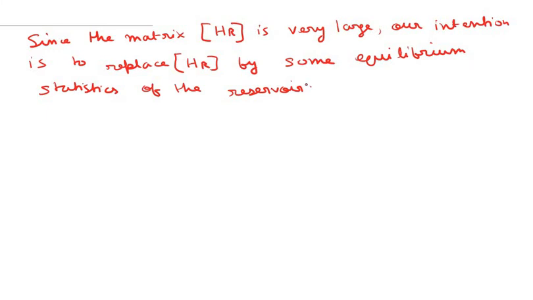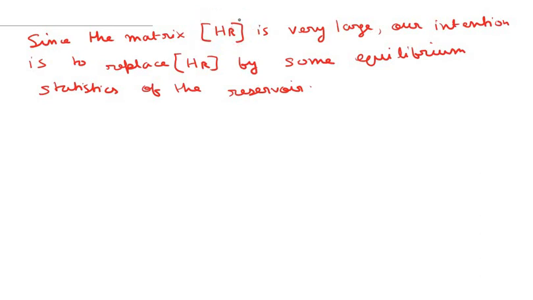So these are the parameters, or this is the information, with which we intend to replace the action of this reservoir HR. Okay, because what information does this matrix HR basically give us?